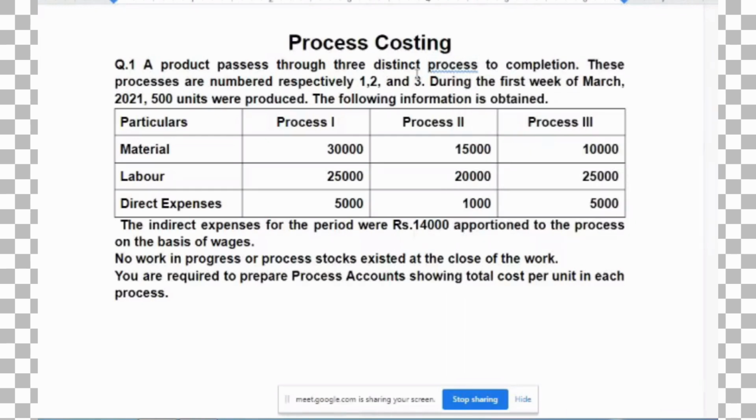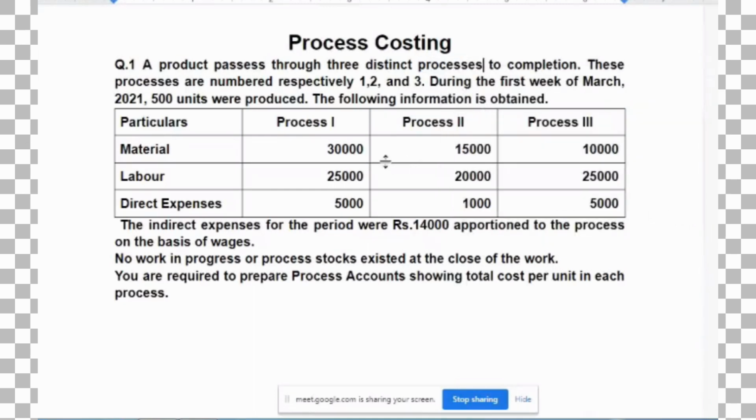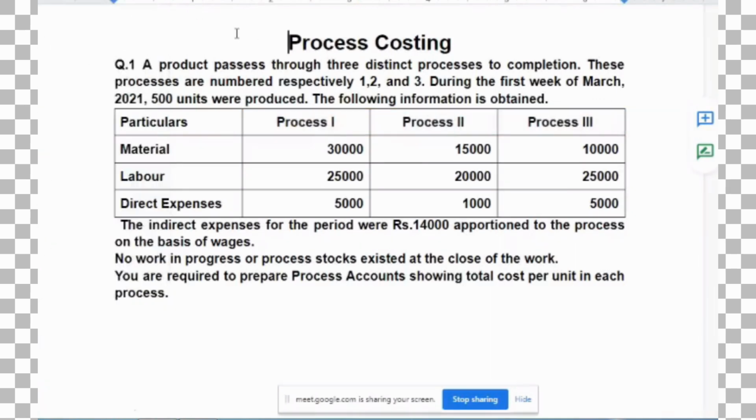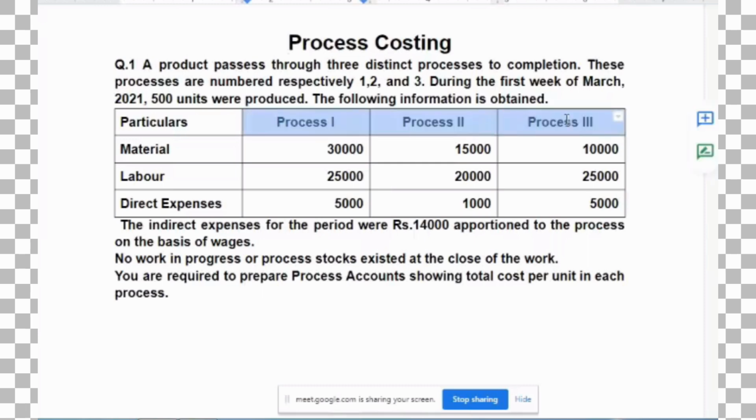This is just a basic fundamental example of understanding how the material is transferred from one process to another. Clear? So let's see how we prepare these process accounts.